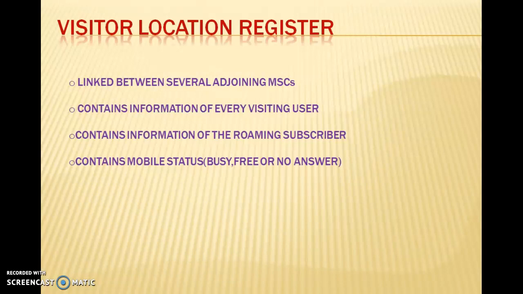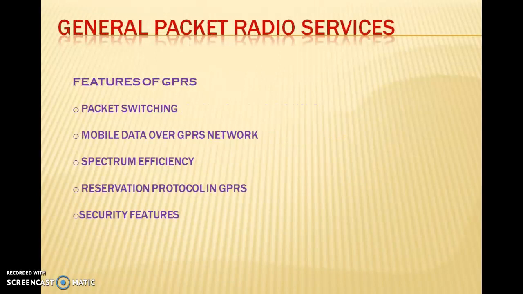It contains information of every visiting user, the roaming subscriber, and the mobility status, that is whether the mobile is busy, meaning an ongoing call is in progress, so it maintains the data accordingly. Free means no call is going on. No answer means someone has been calling and it is not giving any answer. This type of mobile status is also mentioned in the visitor location register.